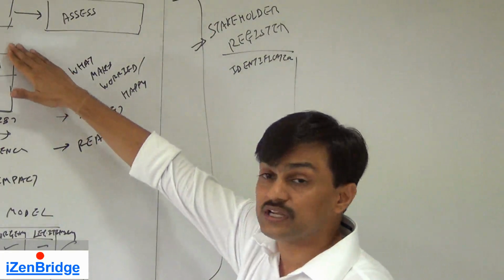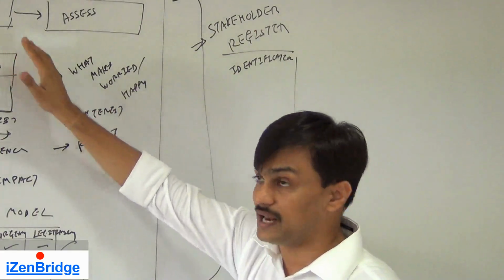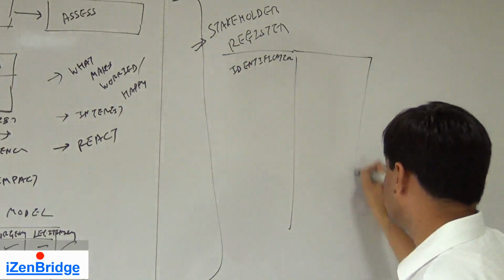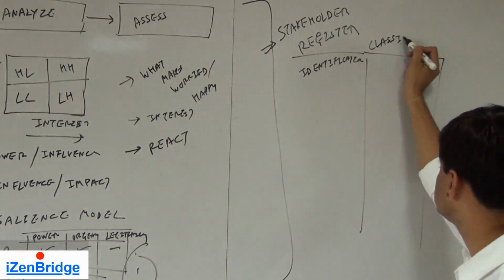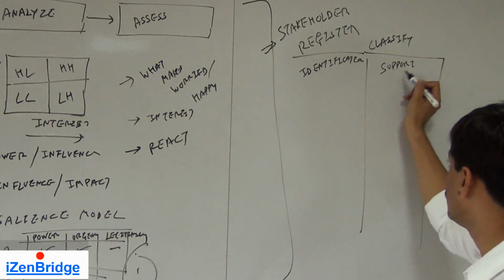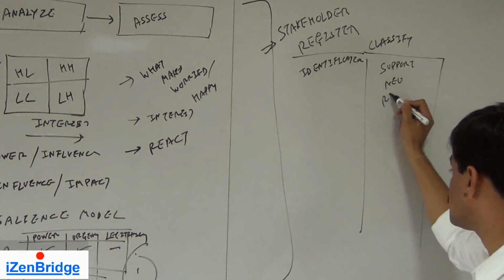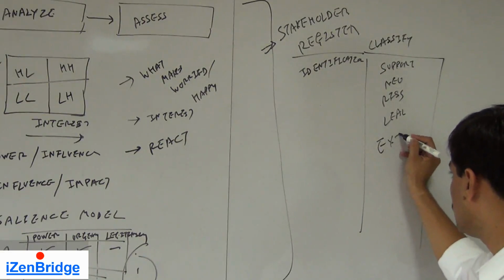After that, we put a classification, the summary which we got as a result of the analysis step. We need to classify this list into various categories. Could be like these: supportive, neutral, resistor, leader, external, internal.